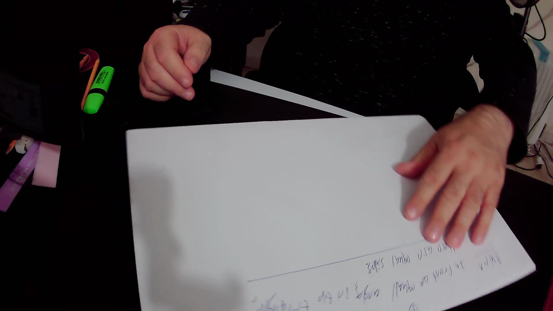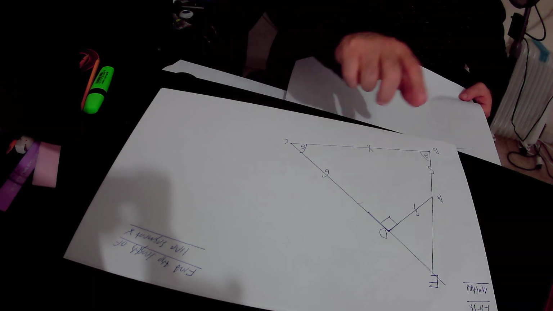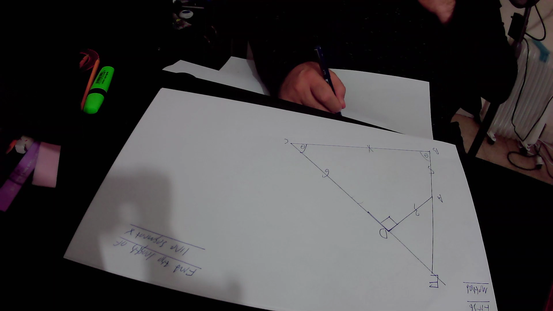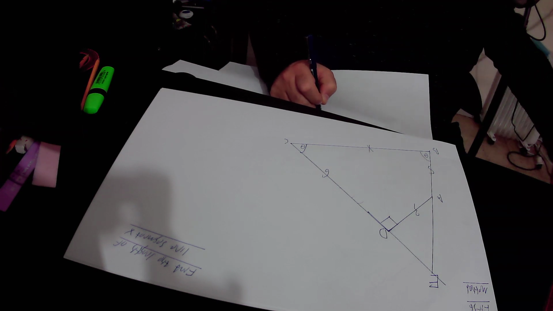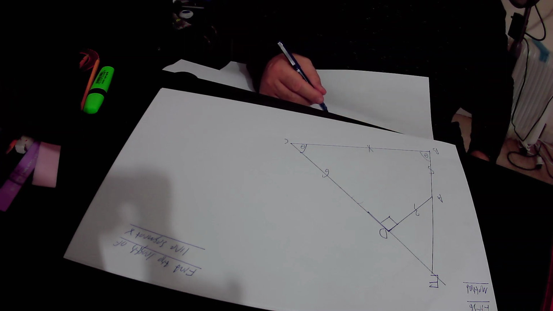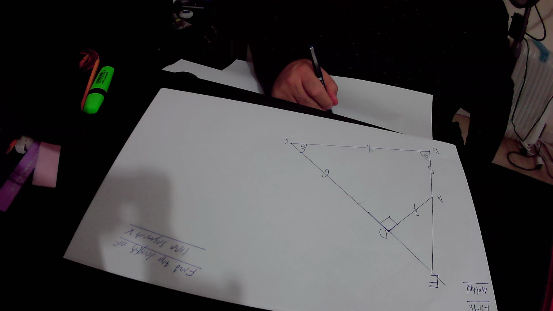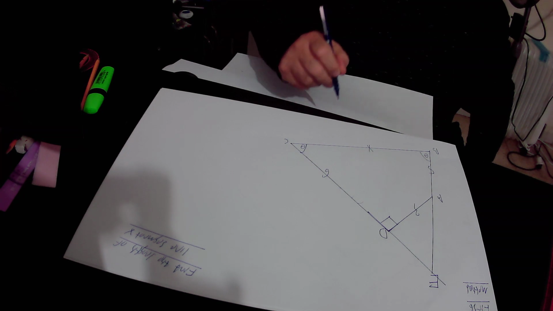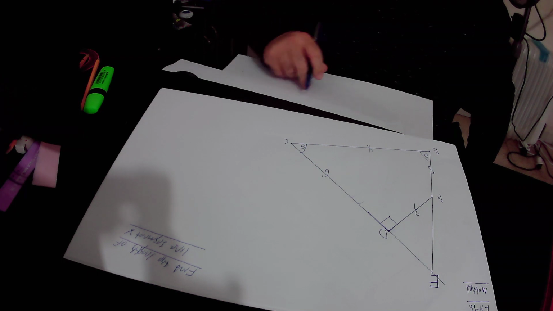So, if we focus on triangle EBC, according to what is given in the question, angle EBC is equal to angle ECB, and both angles are equal to theta.